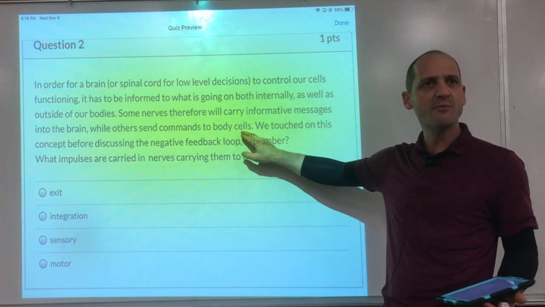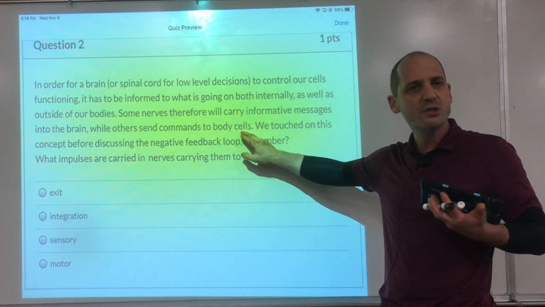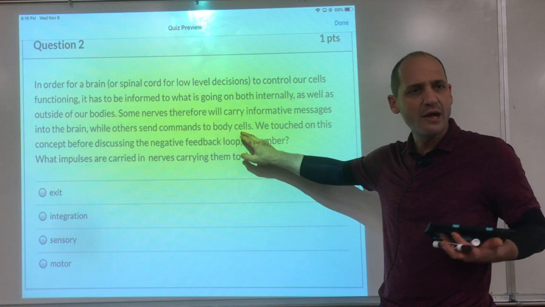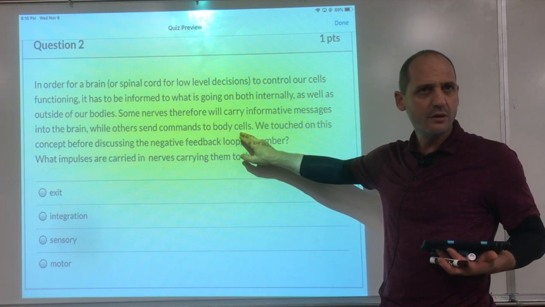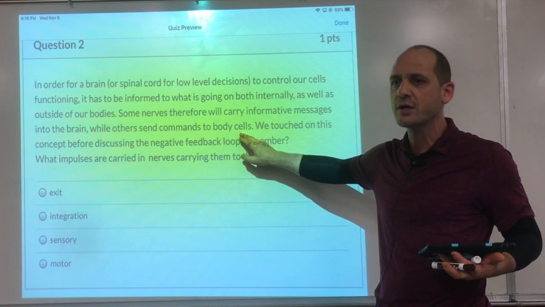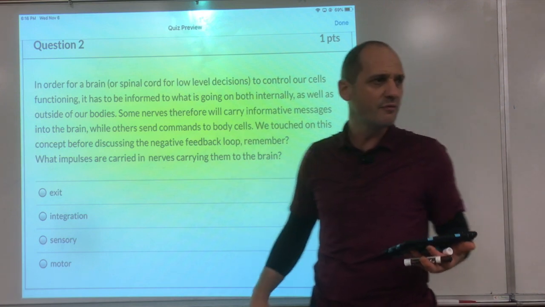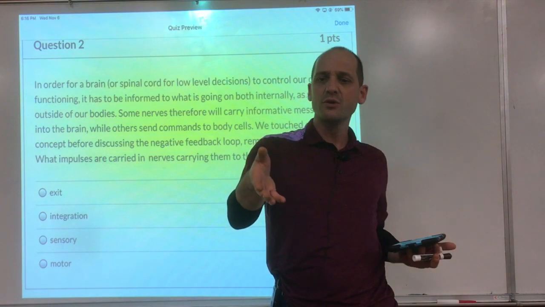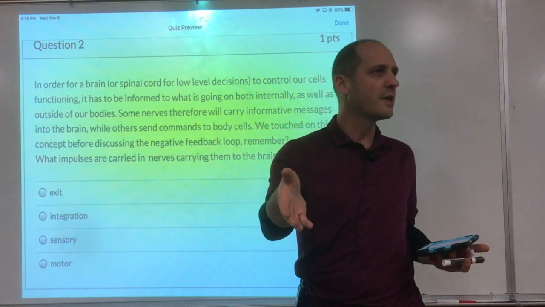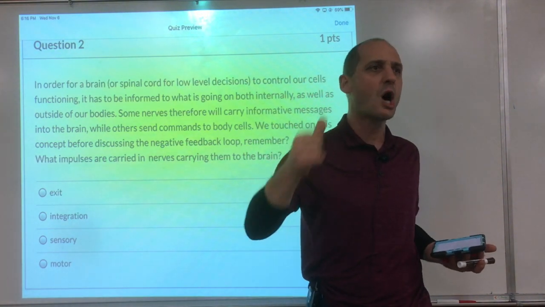Once the information comes in to the brain or the spinal cord, they will process it. The simple one is a reflex. You touch something hot. The information going into the brain is, oh, it's a hot temperature.